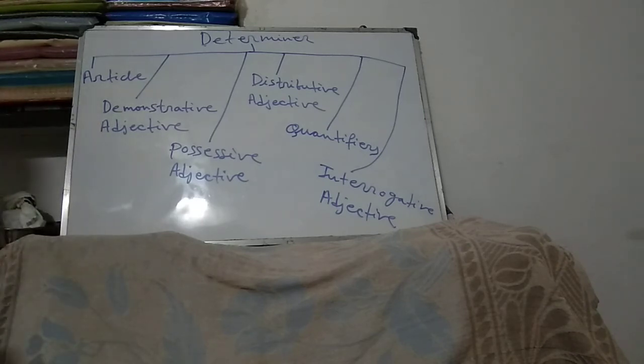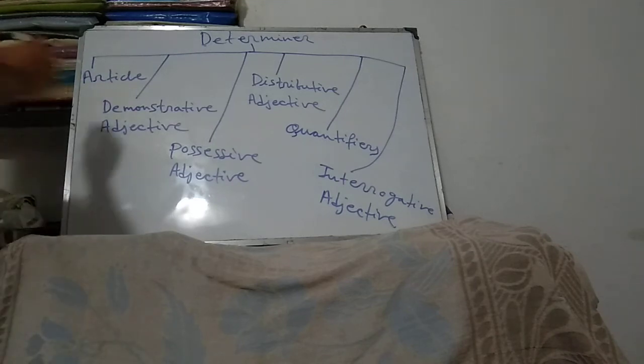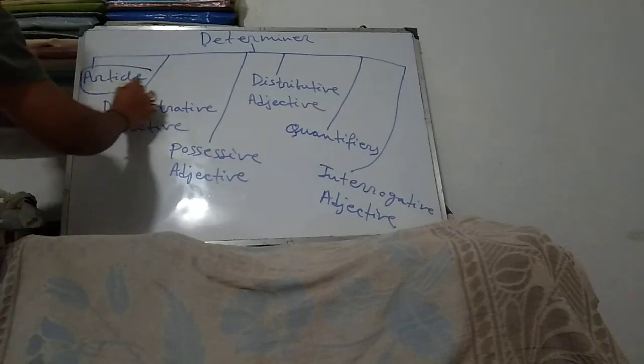For example, which book do you want? Whose pen are you using? Like this. These are the classification of different types of determiners. Determiners are classified in these 6 categories in your book. Now, one by one, step by step, I will discuss the determiners. First, I am going to discuss article.